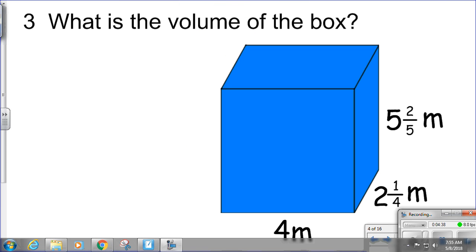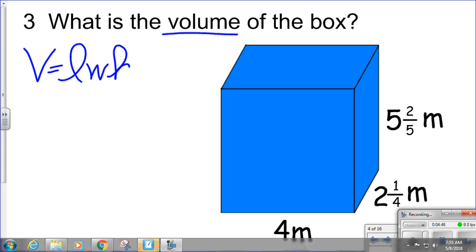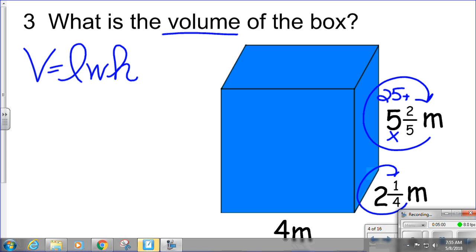Okay, this question, what is the volume of the box? I'm underlining volume because I'm recognizing which formula I need to use. Length times width times height. And anytime I see mixed numbers, I need to change them to improper. So 5 times 5 is 25, plus 2 is 27 over 5.